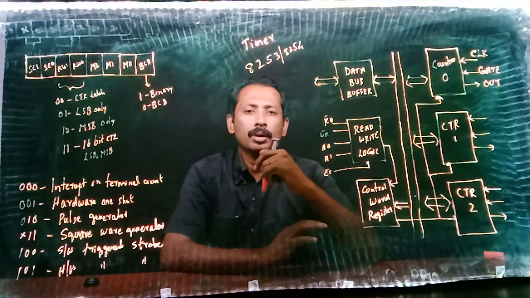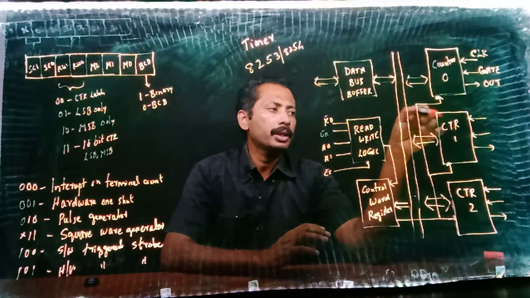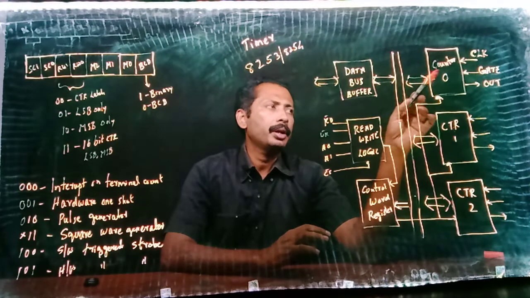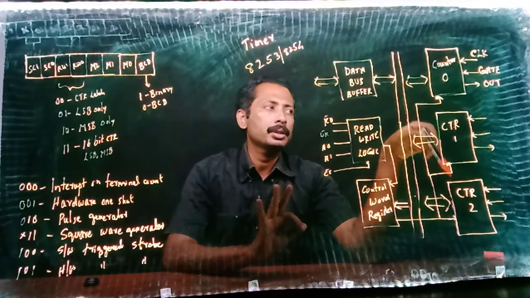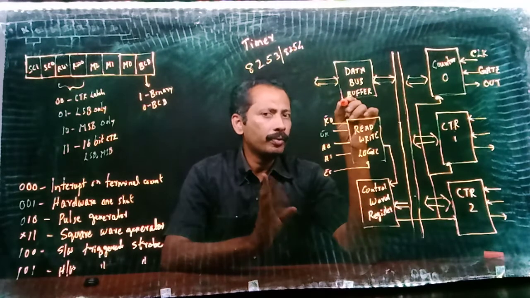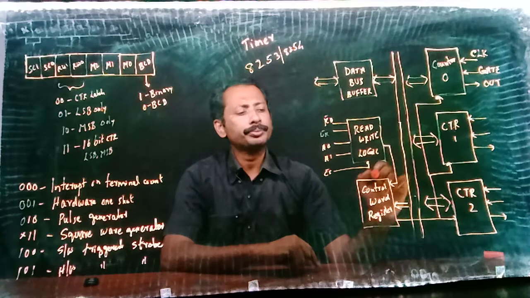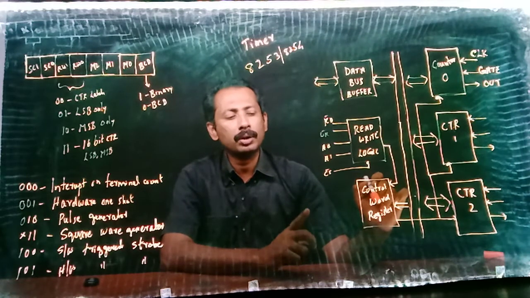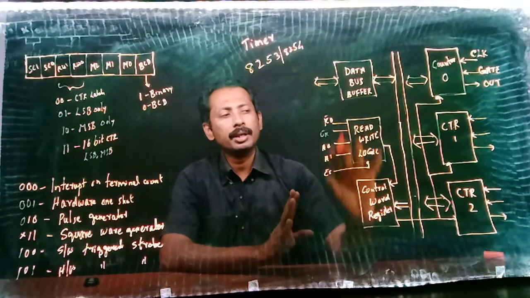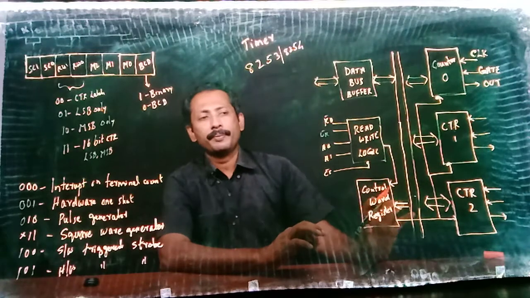We have three counters inside this IC, namely counter 0, counter 1, and counter 2. And like 8255, we have a register called the control word register, or the control register, which is the control of this IC.